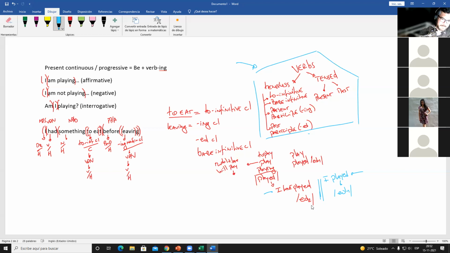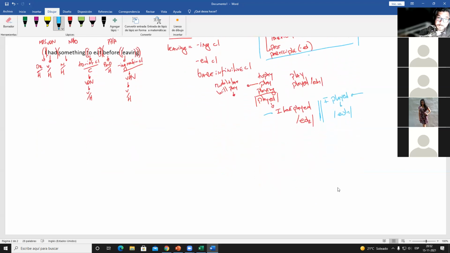Profe, pero ¿por qué hacen esa diferencia? Simple, porque play es un verbo regular, pero ustedes conocen los irregulares, ¿cierto? Sí, profe. ¿Me nombra alguno que tenga las tres formas diferentes? Que sea en presente de una forma, en pasado simple de una forma y el otro de otra forma.